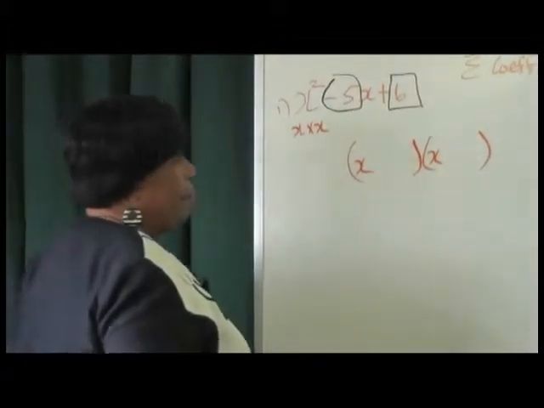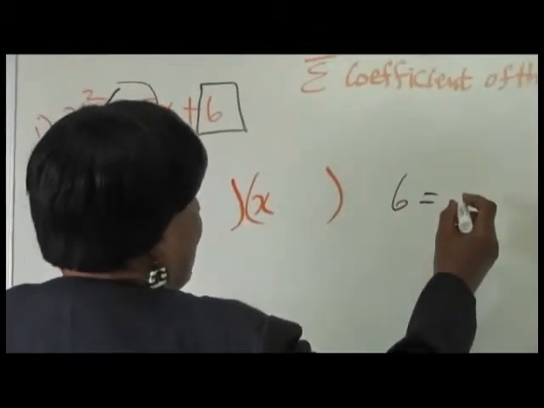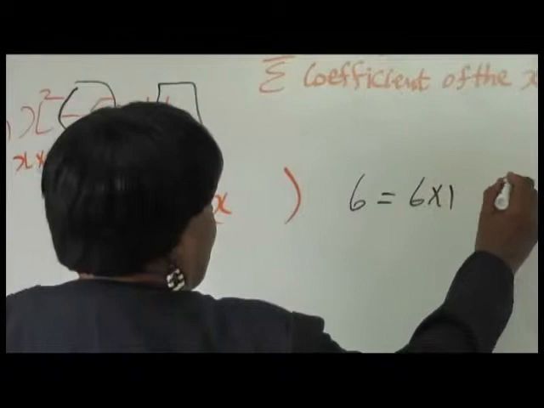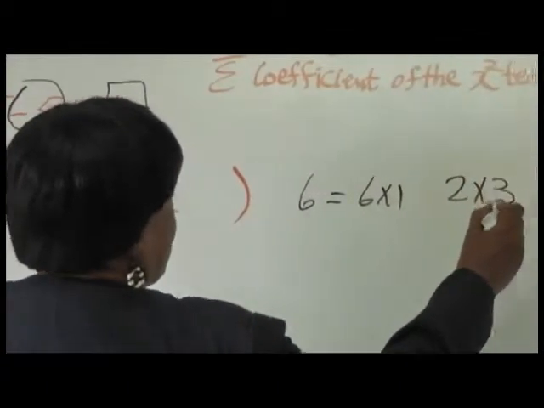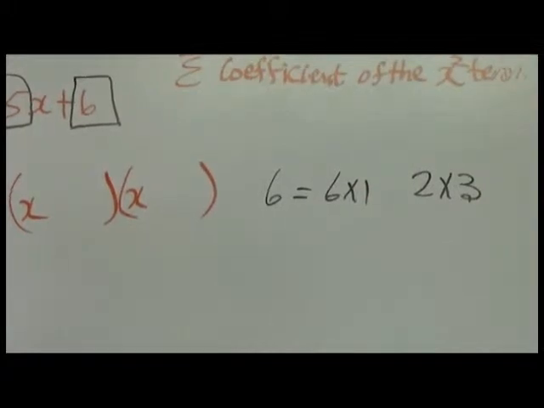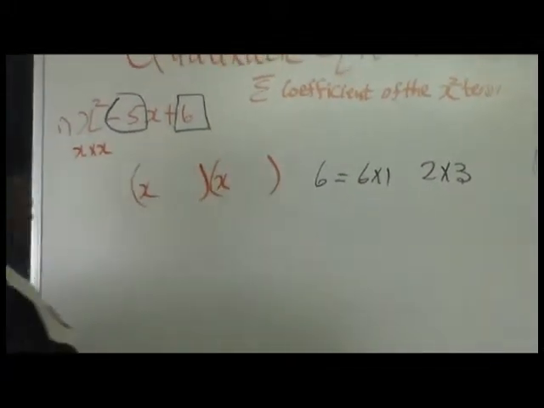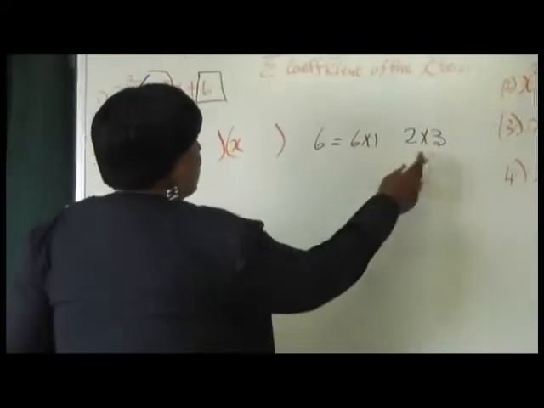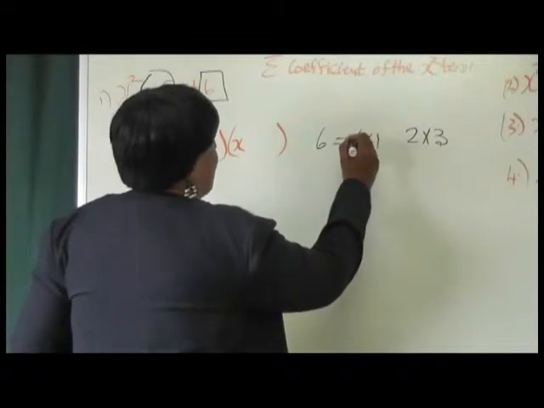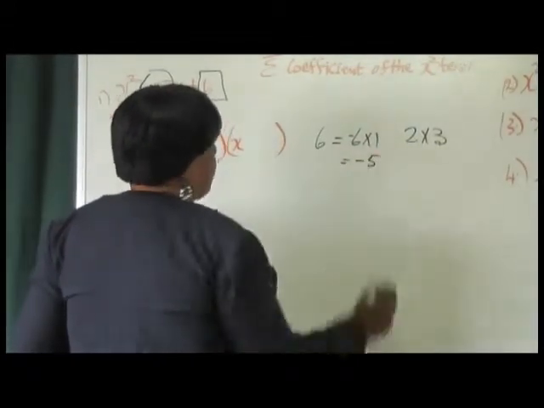So what does that mean? It means we can say, let's give me 6. I can say 6 times 1, and I can say 2 times 3. Okay? What am I looking for? I am looking for -5. Can we get -5 out of any of these factors? And we can look and see, if I made the 6 a -6, I would get a -5.